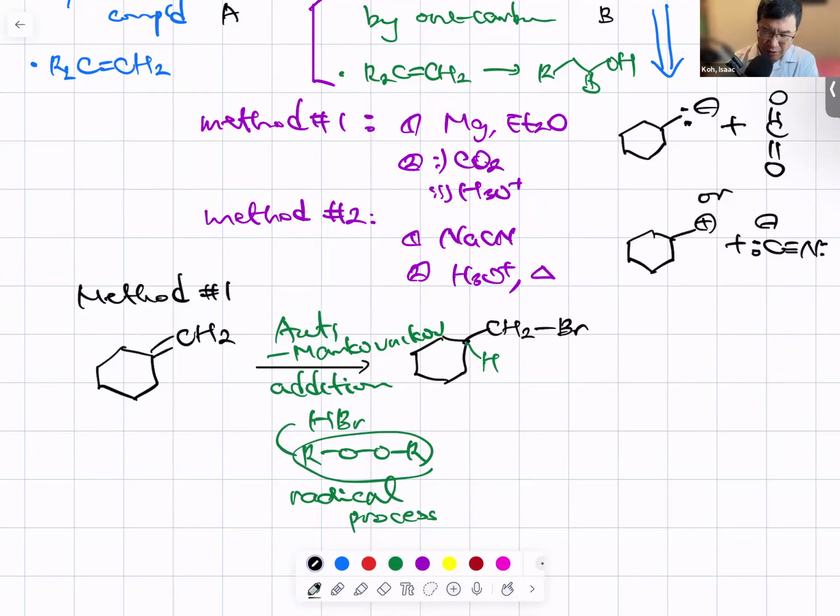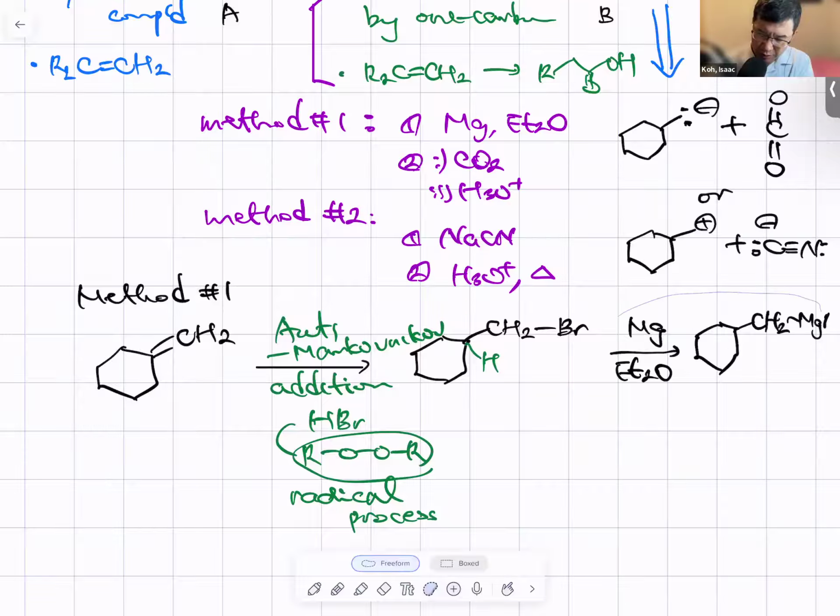Then let's treat this with magnesium to make the Grignard reagent in diethyl ether solvent. Magnesium will be inserted between carbon and bromine.